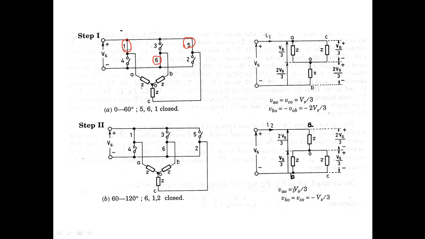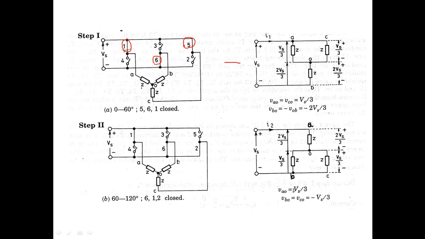So 5 and 1 are the positive group of thyristors, so they will be connected to positive. 6 is in the negative group, connected to negative. The first corresponds to A phase, 6 corresponds to B phase, and 5 corresponds to C phase. So the A phase and C phase are connected to positive and B phase is connected to negative.